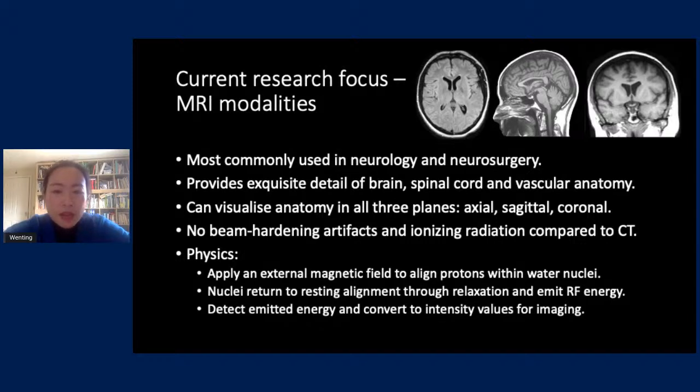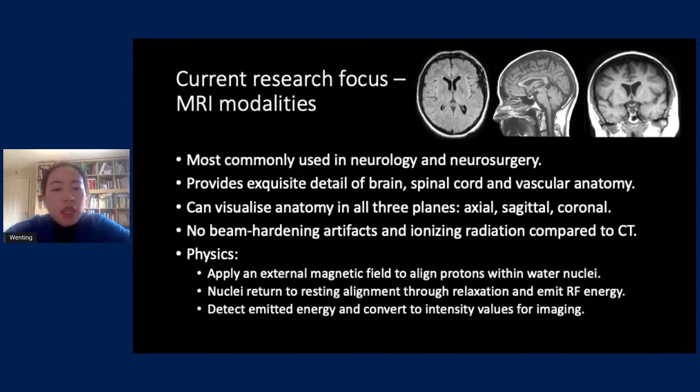We have the axial view, a series of images taken from below your chin to the top of your head. Then the sagittal view is taken from one side of your ear to the other side. And then we have coronal views, which go from the back of the head to the nose.